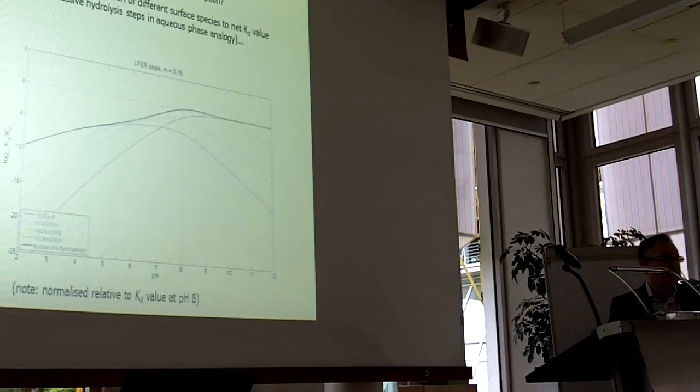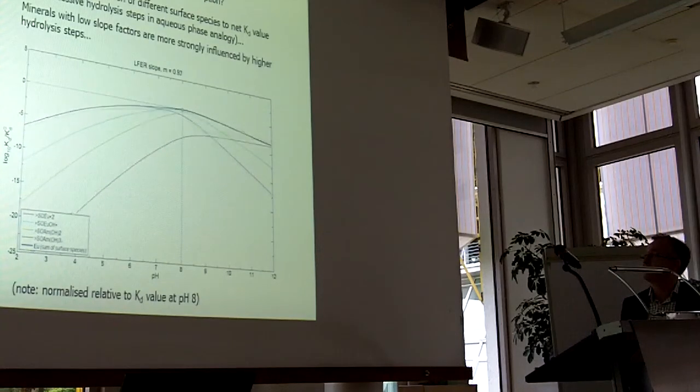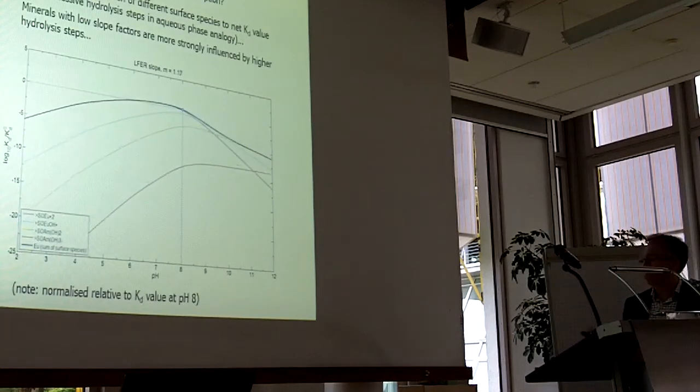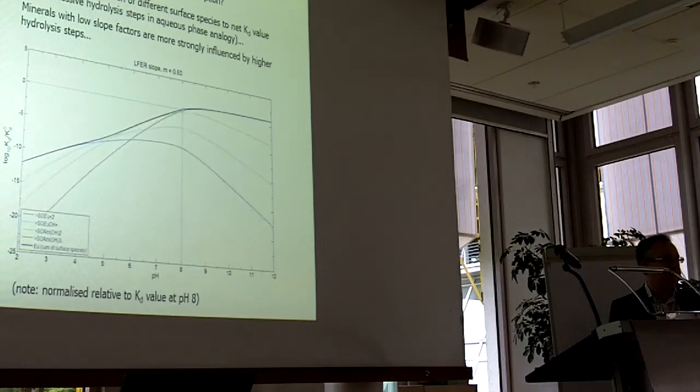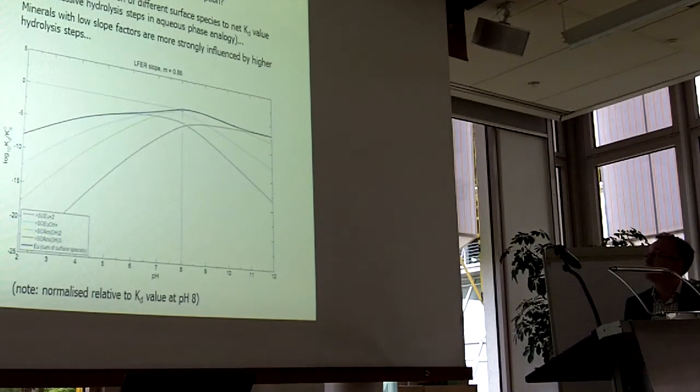How does the slope of the free energy relation affect the sorption? This is a little bit different. What it does is that it alters the relative contribution that these different species make to the overall sorption that you measure.